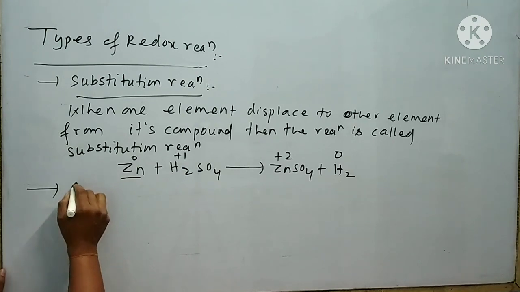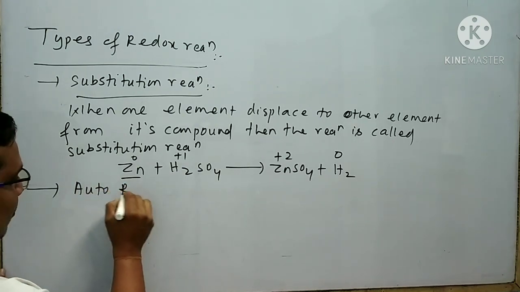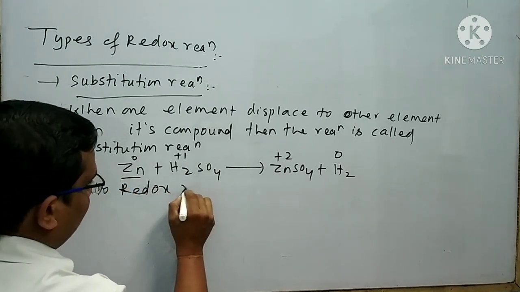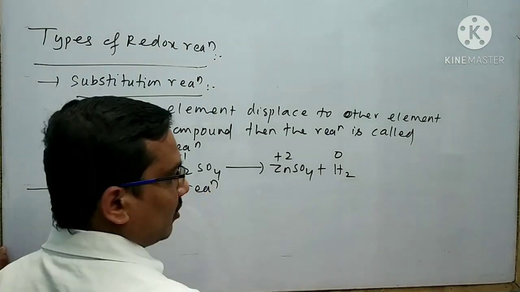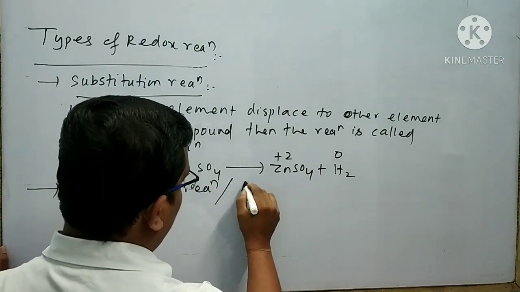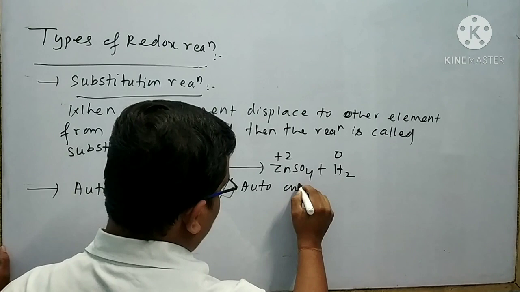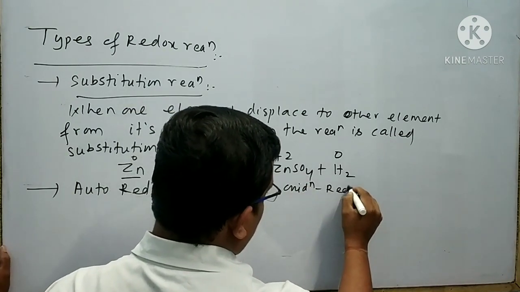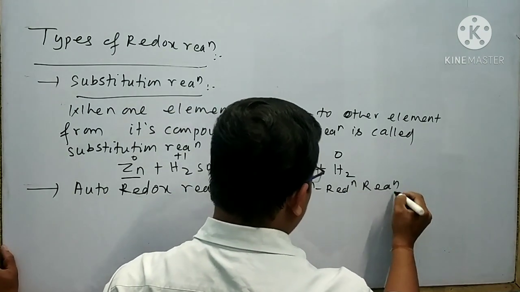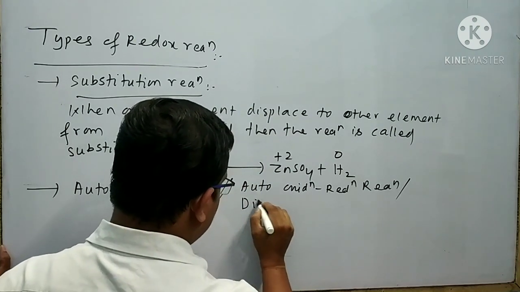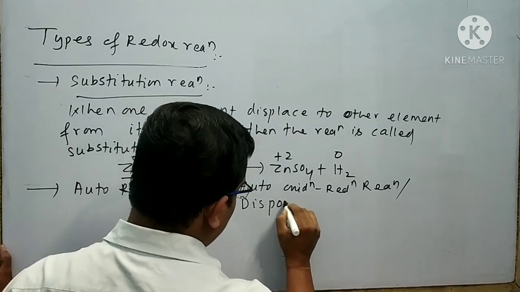The next reaction is the auto redox reaction. This reaction is also called an auto oxidation reduction reaction. This reaction is also called a disproportionation reaction.